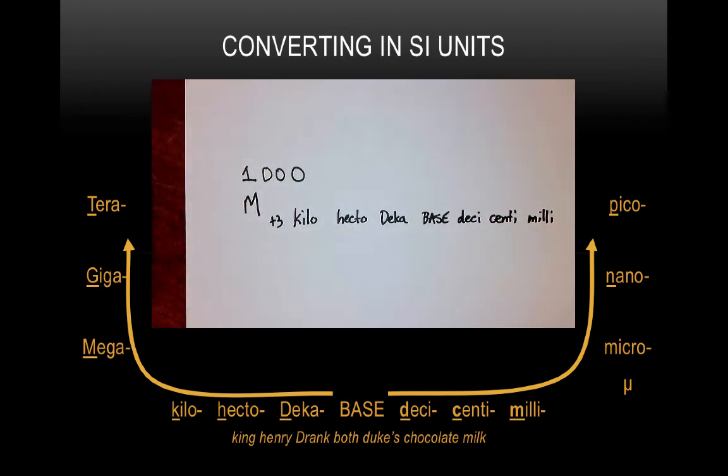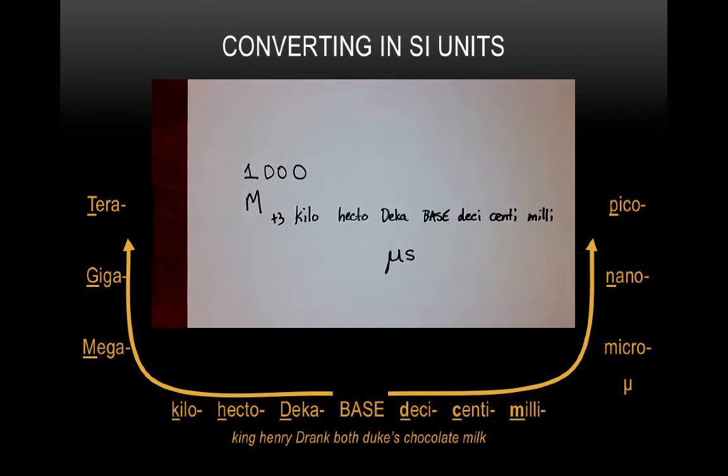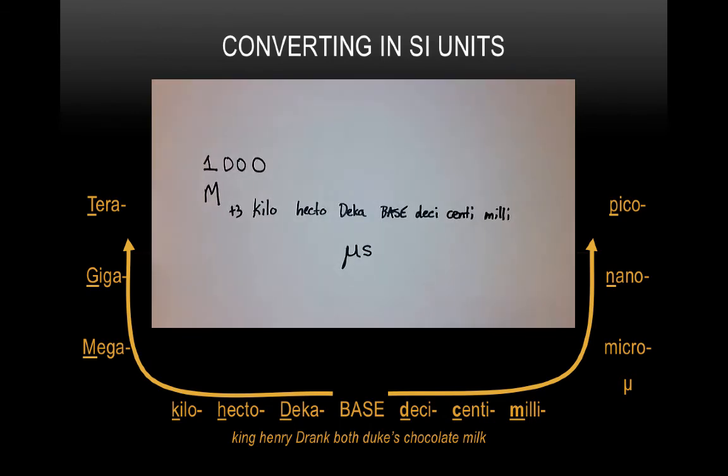We have the Greek letter lowercase mu, which looks like a backwards Y, because M was already in use for milli. And anytime we run out of regular letters, we go to Greek letters, so micro gets the Greek letter lowercase mu. So if we were to talk about microseconds, this is how you would write the symbol for microseconds: the backwards Y, the mu, and the S for seconds.